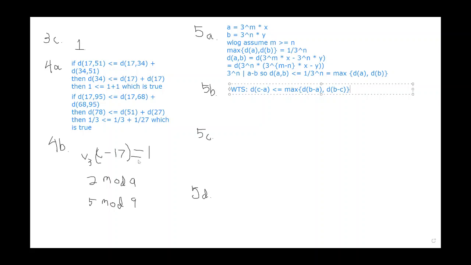This is the problem statement of 5B rewritten. We want d of C minus A less than or equal to the max of d of B minus A and d of B minus C. Now, can you see how you can apply 5A on 5B with this statement here?